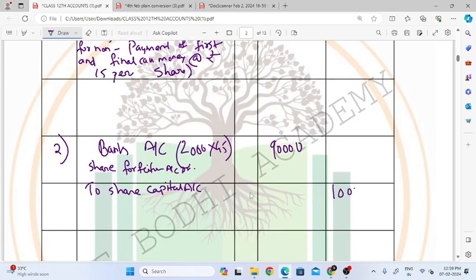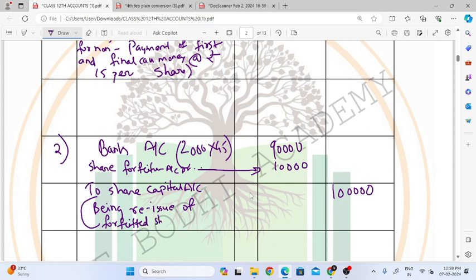So 1 lakh minus 90,000, we are getting the balancing figure as 10,000. Okay, then the narration, being reissue of forfeited shares at rupees 45 per share.